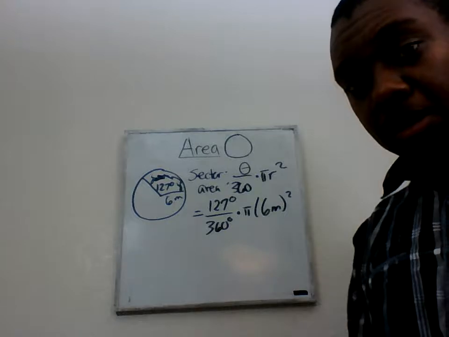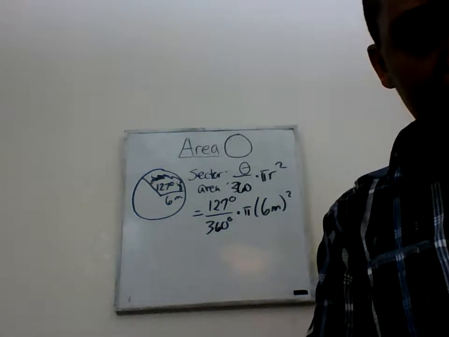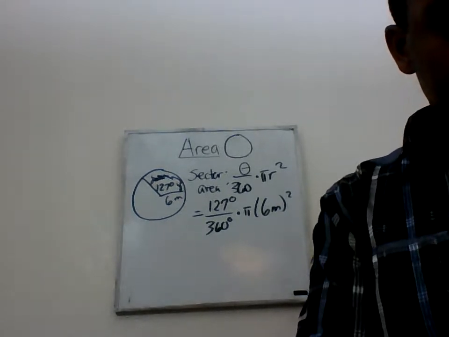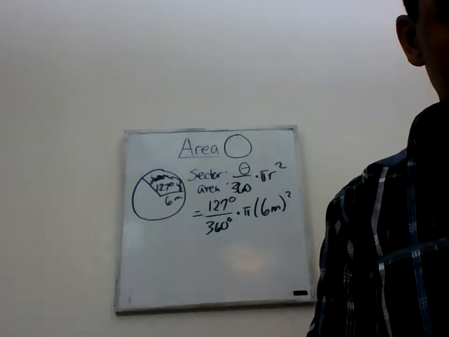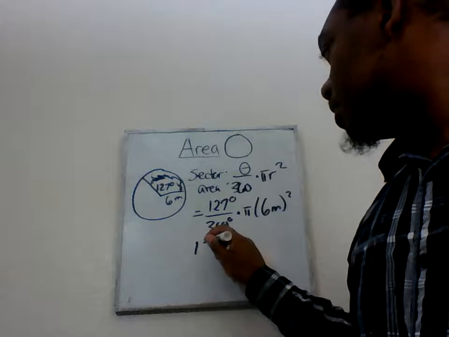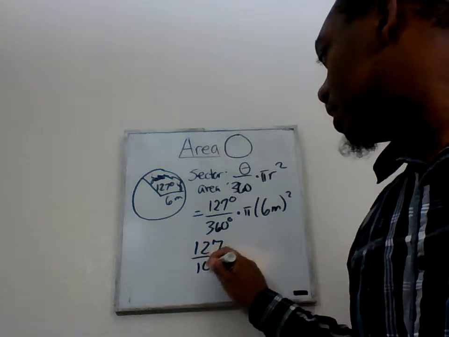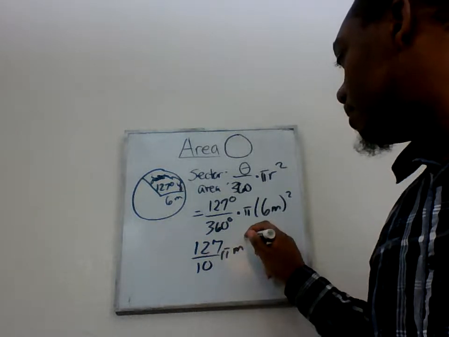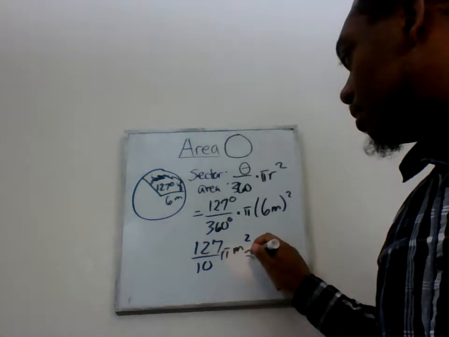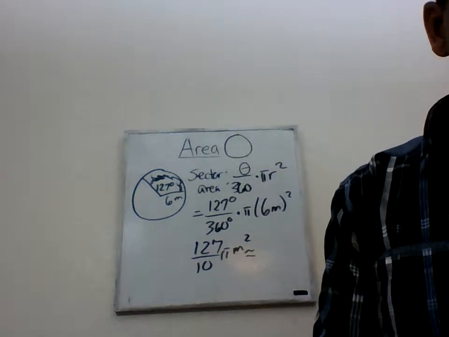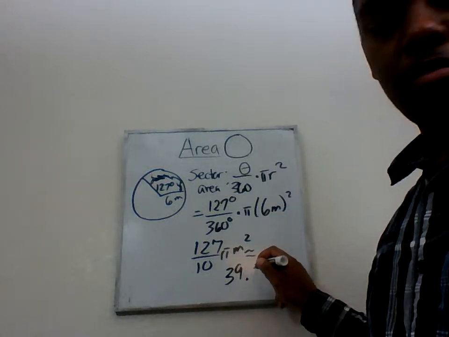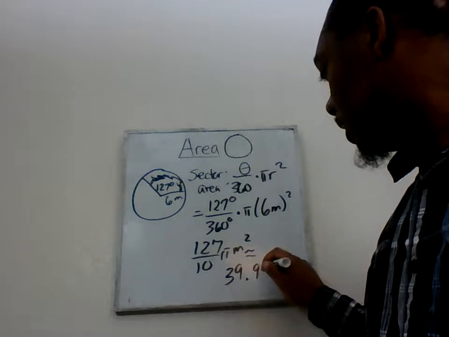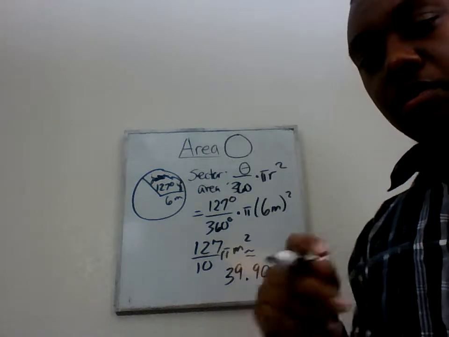Now from here, I could just input this into my calculator. And I end up with 127 over 10 pi meters squared, which is approximately 39.90 square meters.